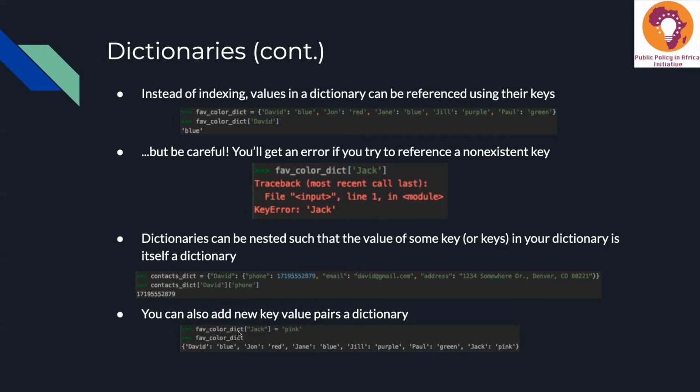So I take my fave color dict, I add the square brackets here, and in that I put Jack's name. And now I use the assignment operator to assign the key Jack the value pink within that dictionary. So now if I look at my fave color dict, we'll see that the Jack key exists in that dictionary with the value pink. So that's how you can add new key value pairs to a dictionary.